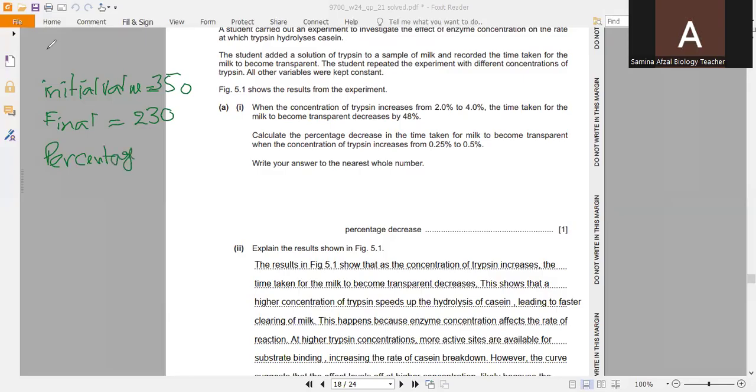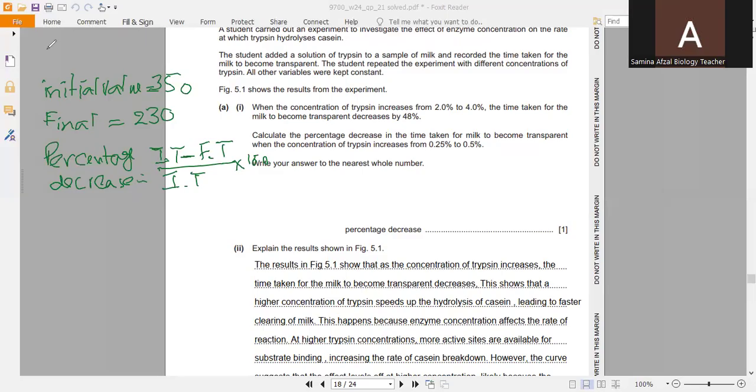Percentage decrease is equal to initial time minus final time, divided by initial time, multiplied by 100.